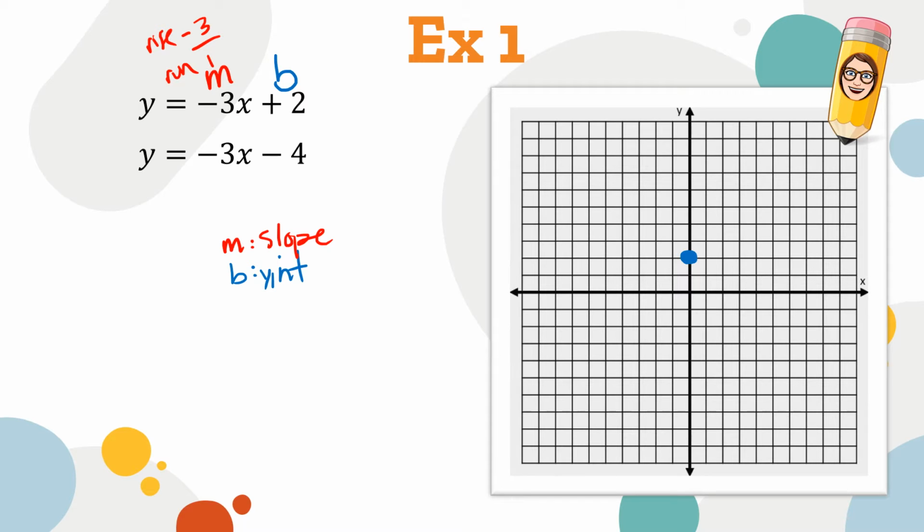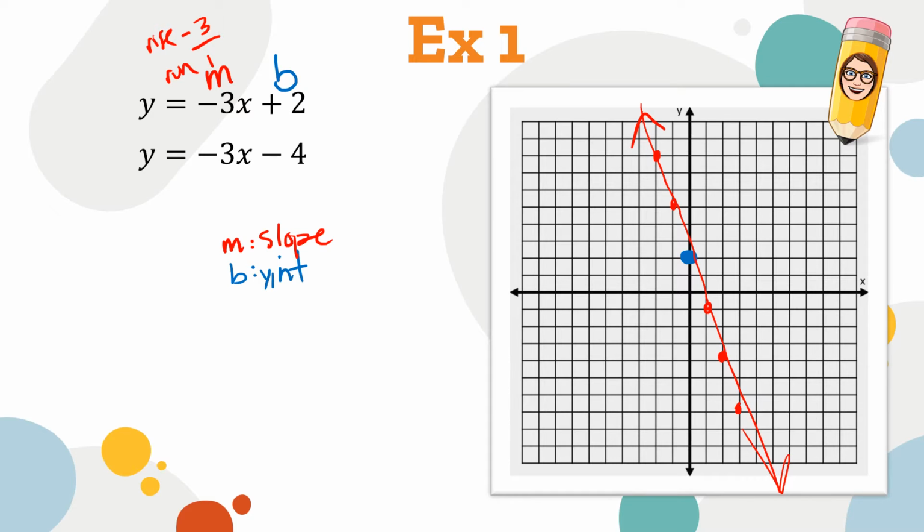From that dot, we're going to go down 3, run 1. Down 3, run 1. I need a downwards sloping line. And I'm also going to go the other direction a little bit. I know I always say 5 or so, but I want this to be nice, clear, and specific.